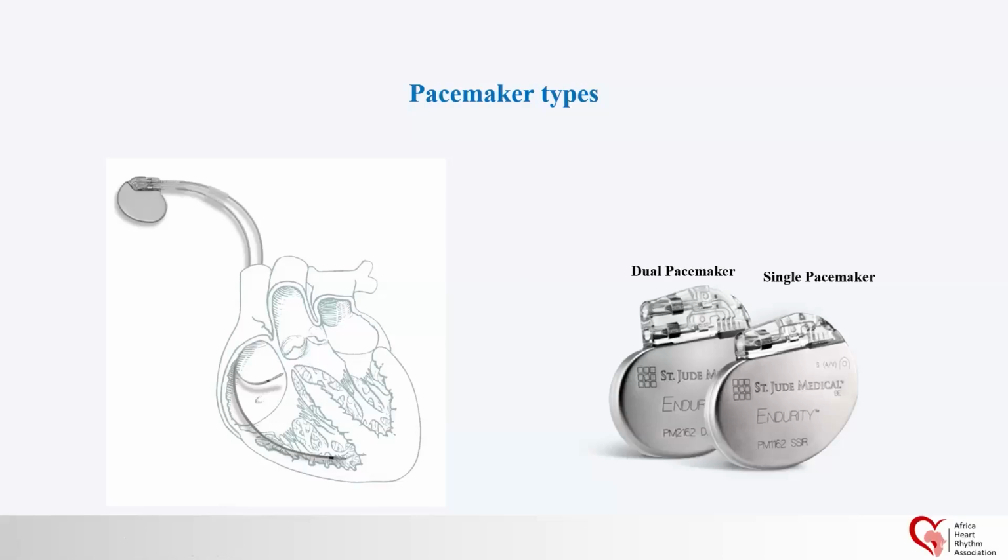So as we know, the pacemaker is a battery that delivers the energy to depolarize the myocardium for the ventricle and the atrium. When we talk about energy, we talk about threshold, impedance, and also current.